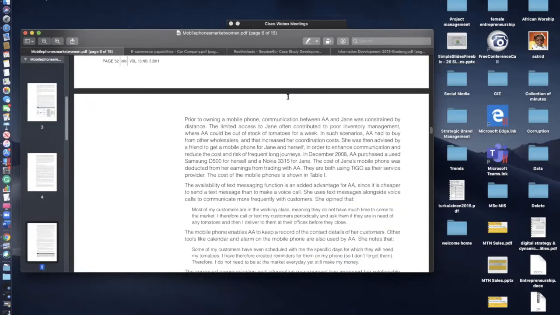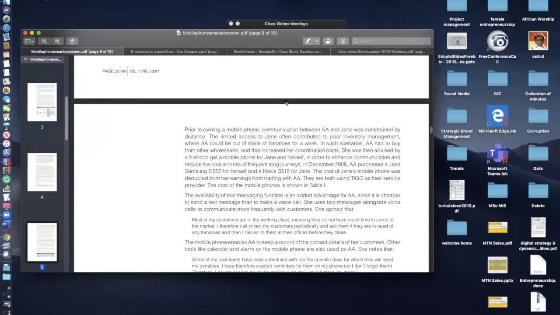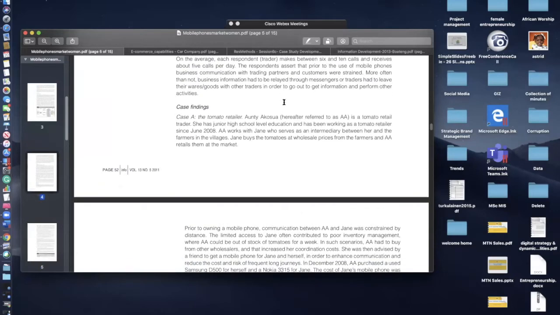Now this is AA, with stories about what she does with her business. Let's just look at the beginning here. Auntie Akosia, hereafter referred to as AA, is a tomato retail trader, number one.